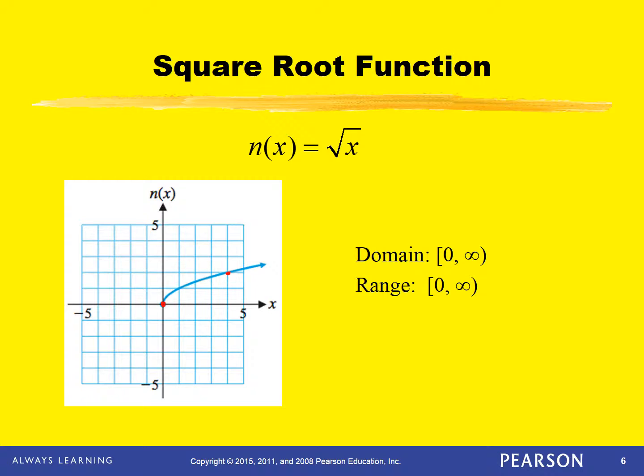You can't take the square root of a negative and get a real number out of it. And it's also true that the output can't be negative. When we say square root of, we're talking about the principal square root, which is the positive root. So the domain is the closed interval 0 to infinity, and that turns out to be the range as well.